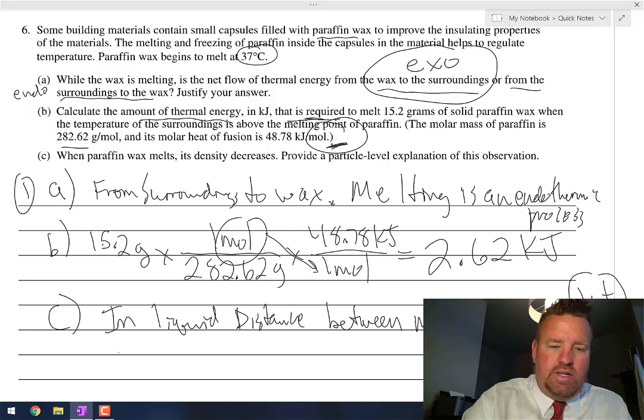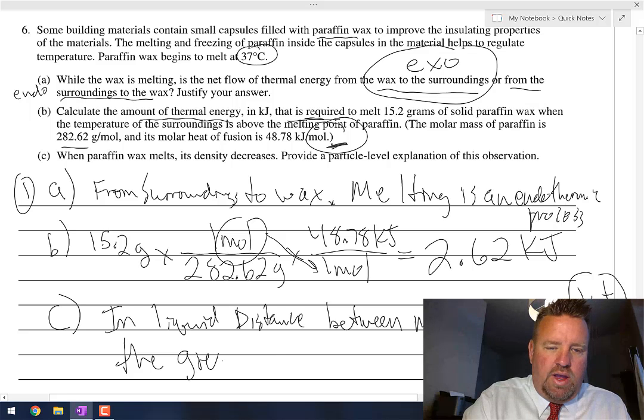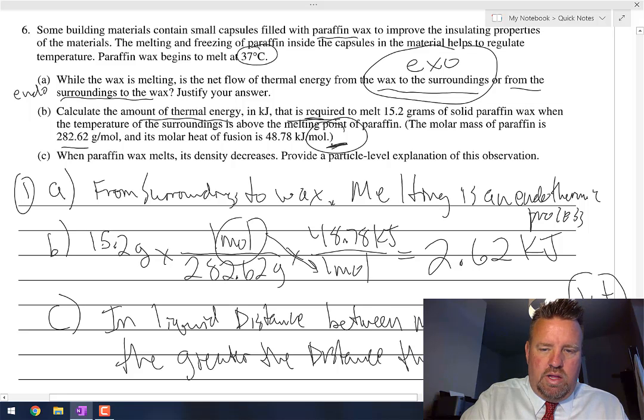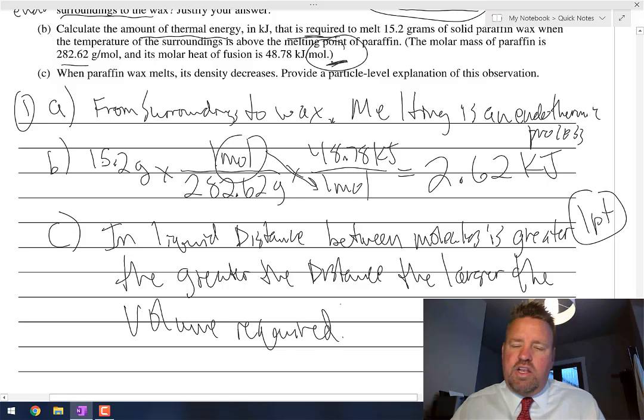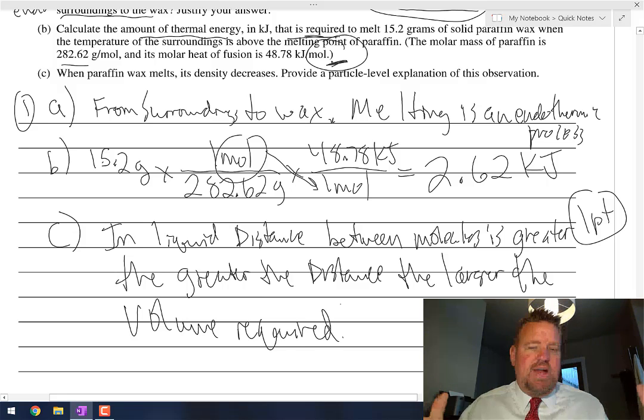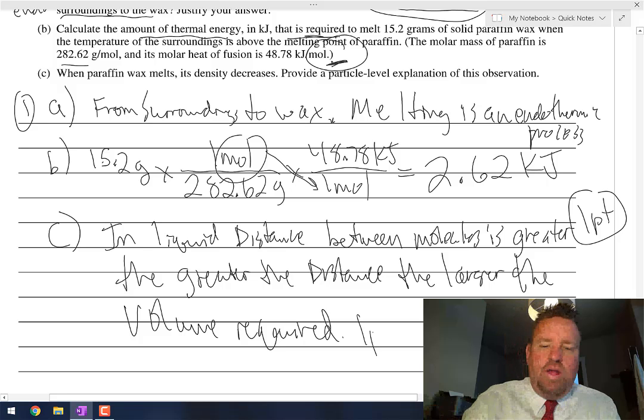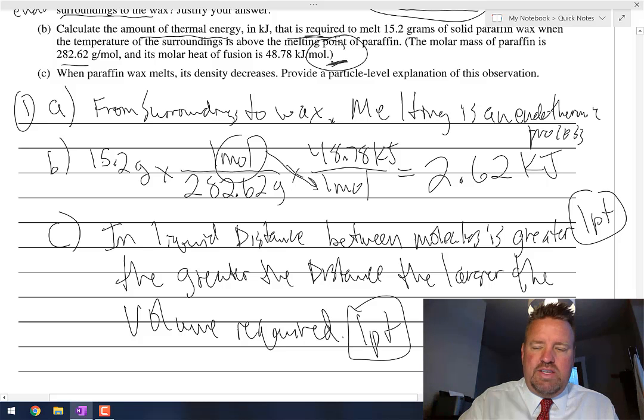Okay, and so the second point was talking about the greater the distance, the larger the volume required. And again, if you only talked about volume, how a liquid has a greater volume, then you can go ahead and give yourself 1 point for that. But that is a 2-point response.